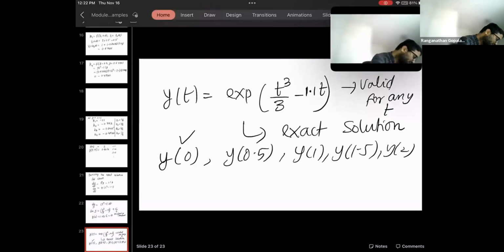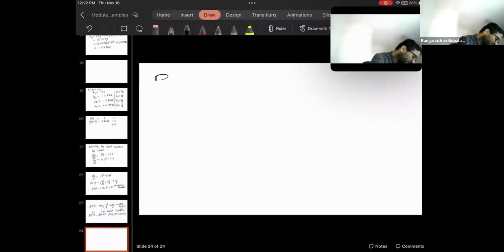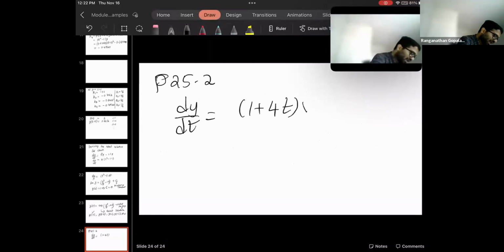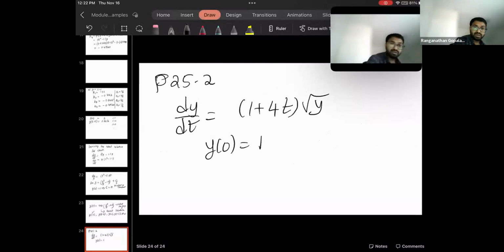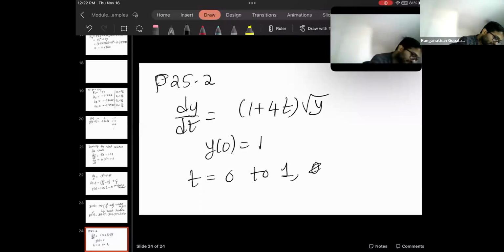Problem 25.2. dy by dt equal to 1 plus 4t multiplied by square root of y with an initial condition, again y of 0 equal to 1, and we want to solve in the interval t equal to 0 to 1 in step length of 0.25.